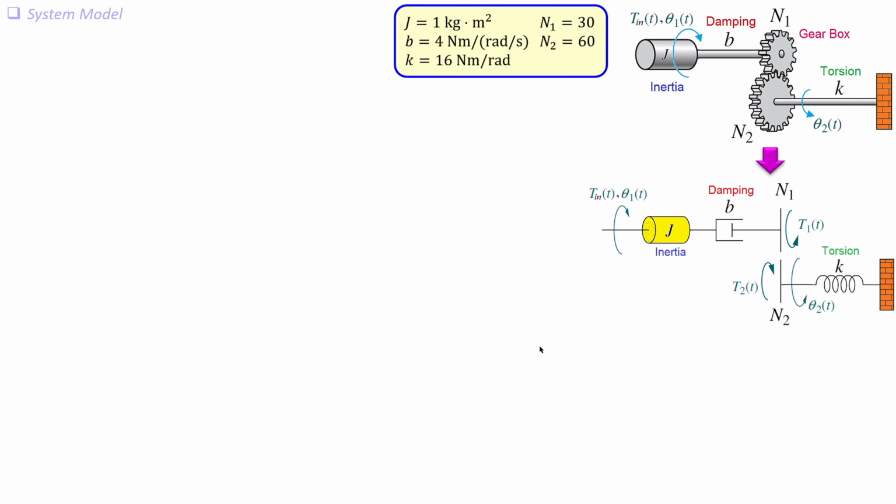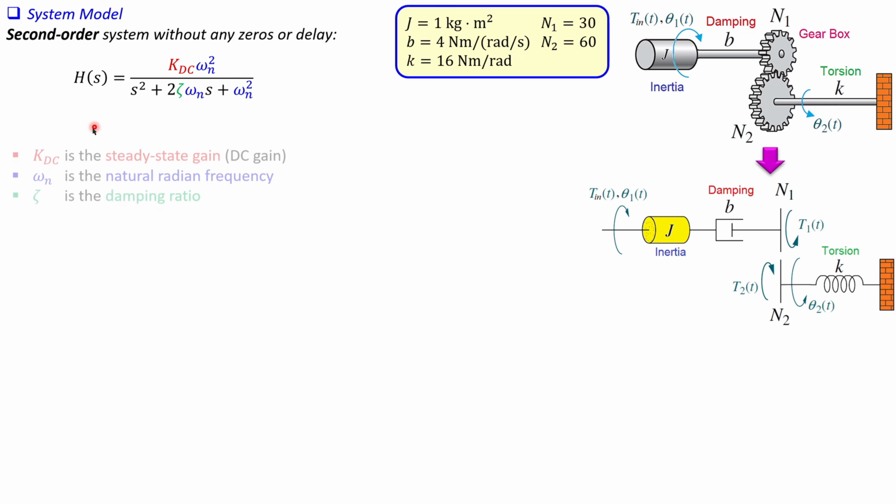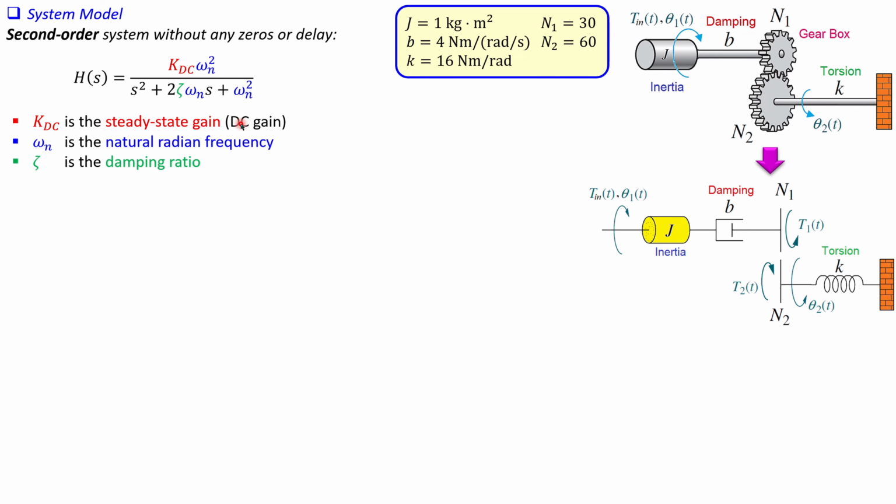Okay, now let's move on and work this out in great detail further. We have the second order model without any zeros or delay. This is the model for our second order system if you don't have any zeros or any delays. Now we have several parameters here. We have the steady state gain, which is called KDC.